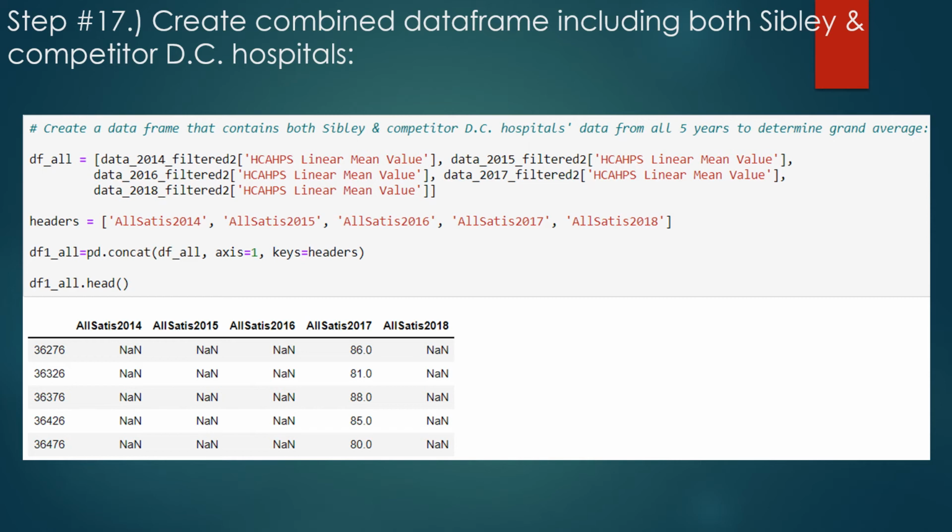And we add headers of all satisfaction for 2014, 15, 16, 17, and 18. Then we concatenate or combine together all of them in one table, and we preview the table. This is what it looks like. Only 2017 is shown.